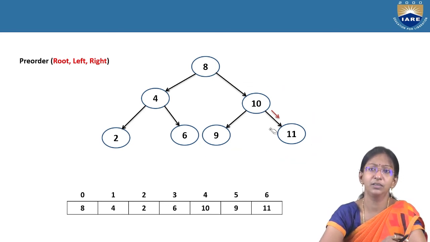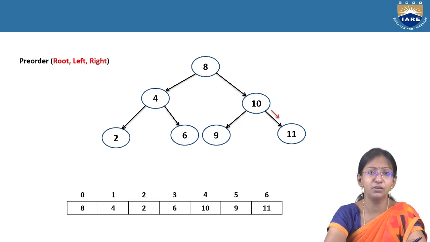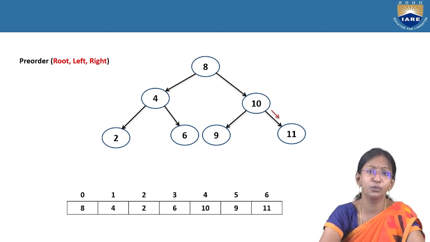And you can check that the array which we have initialized with the size of the number of nodes in the tree is full. That itself tells you that the preorder traversal job is done. Have a look at this one.